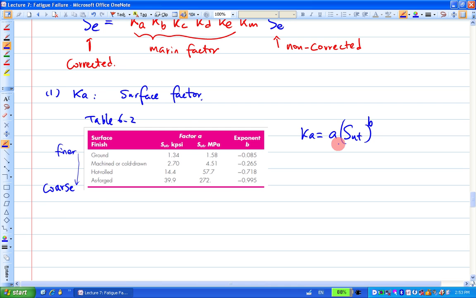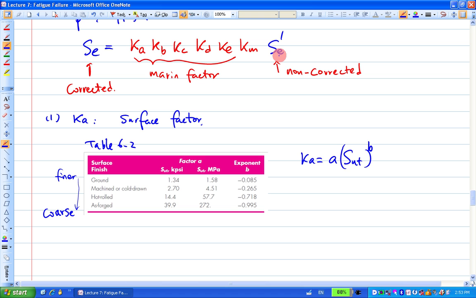You multiply Ka to modify SE prime because you have a different surface finish. So in other words, what do you think of this Ka value? Is it going to be greater than 1 or less than 1?